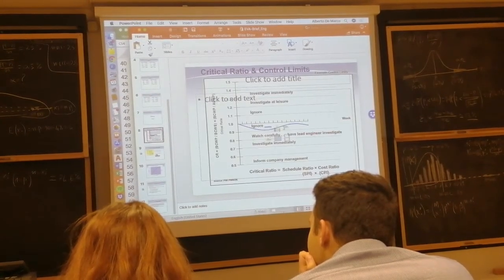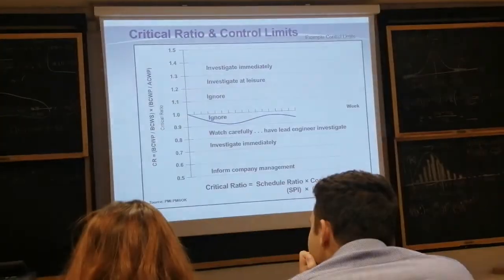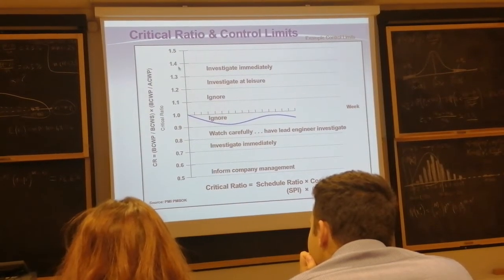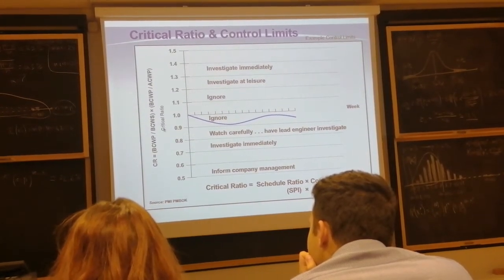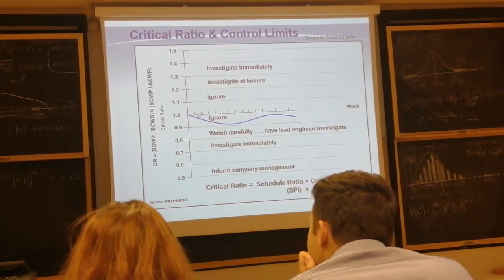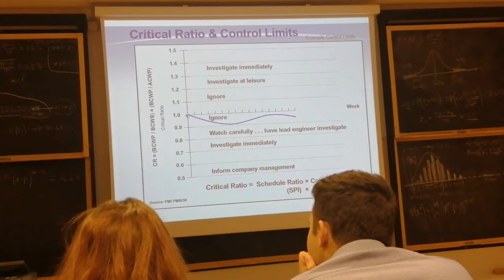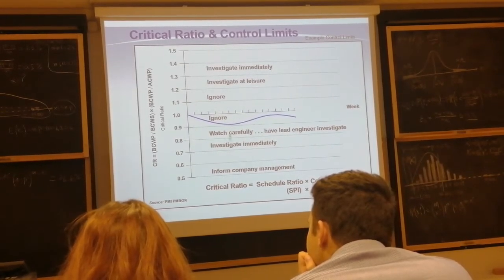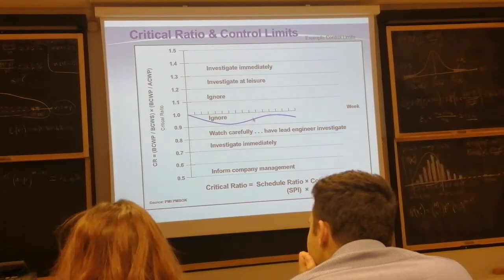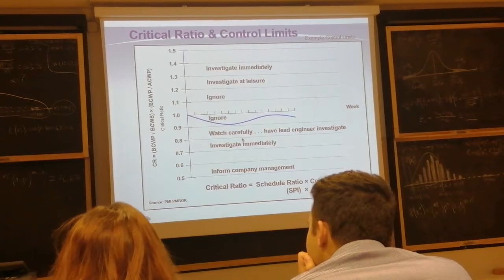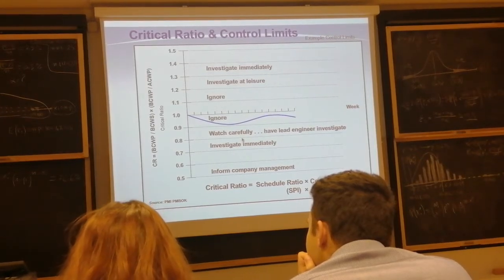There's a graph usually displayed in the literature which tells you that when the control ratio, schedule index times cost index, is within plus or minus, especially minus 10%, so you're in the 0.9, 0.85 range, you can discard it, it's a negligible problem. But when it goes lower than 0.8, then be careful.